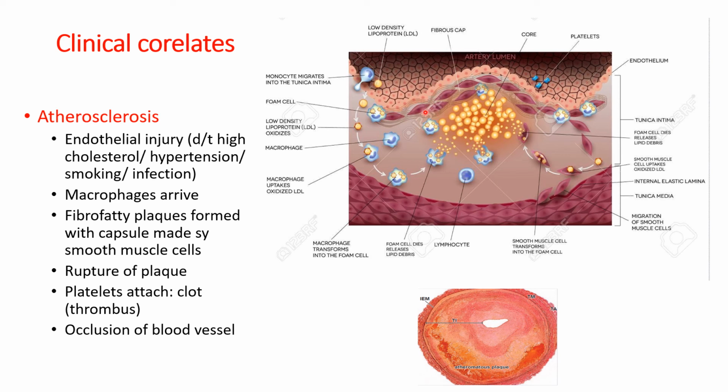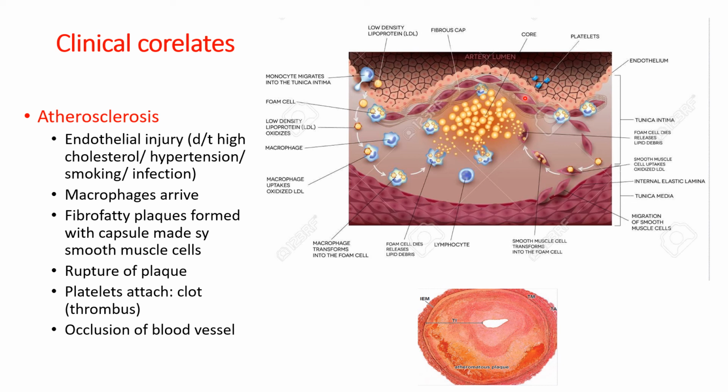Now, the capsule of this fibrofatty plaque is formed by some smooth muscle cells and collagen fibers. Now, when this fibrofatty plaque ruptures, platelets will arrive here and they attach here, leading to formation of a clot or a thrombus, and all this finally leads to occlusion of the blood vessel.